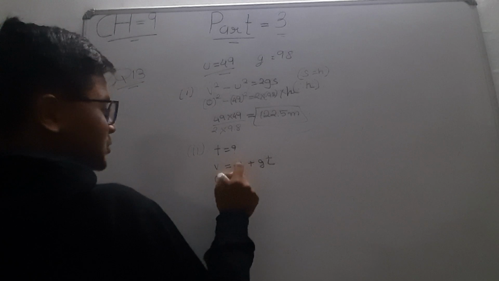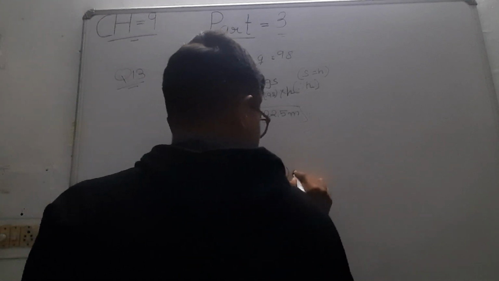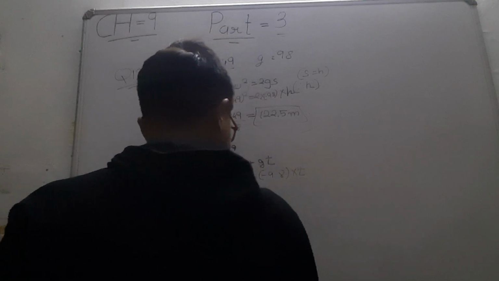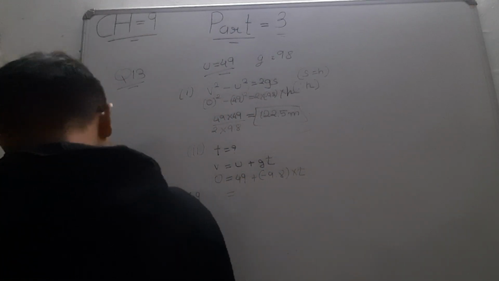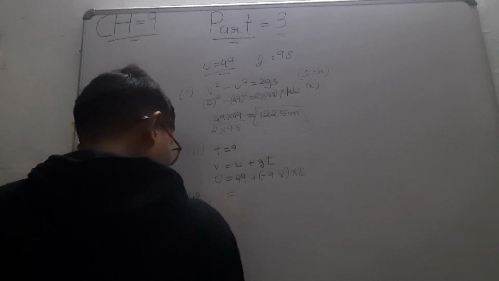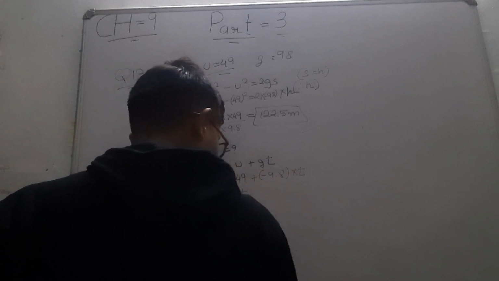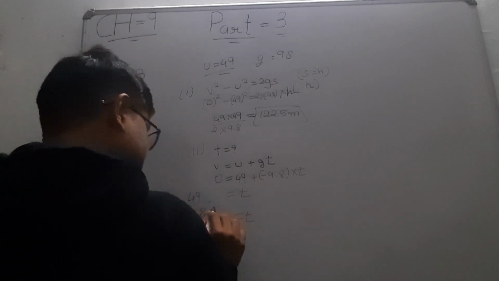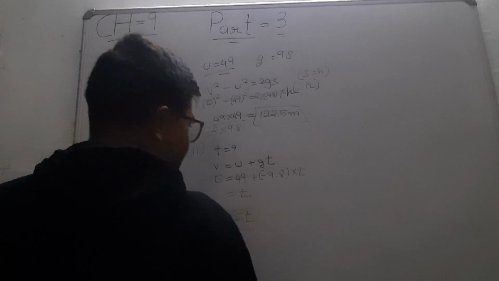V is equal to 0, u is equal to 49 plus minus 9.8 into time. 49 upon 9.8, so we will get t is 5 seconds.